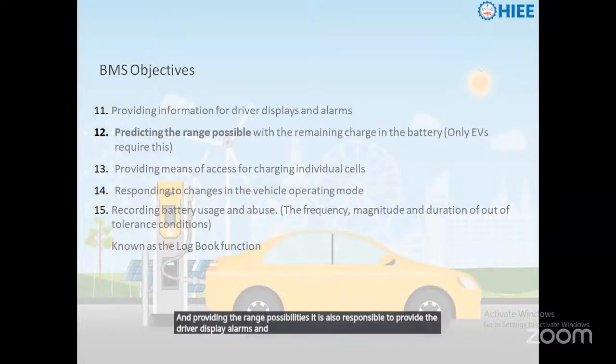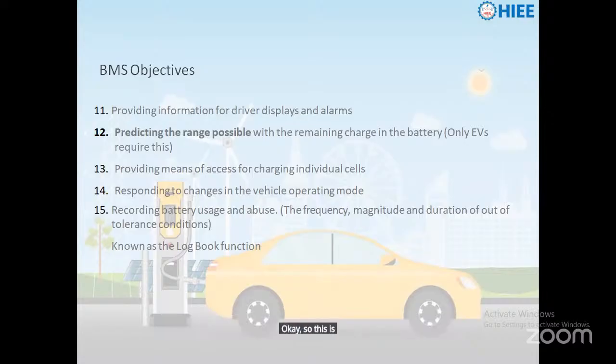It is also responsible to provide the charging for individual cells, and to respond and react to all the changes that happen inside the batteries, and it is also responsible for logging battery usage and abuse in terms of frequency, magnitude, and duration. Okay, so this is known as the logbook function of your battery management system.